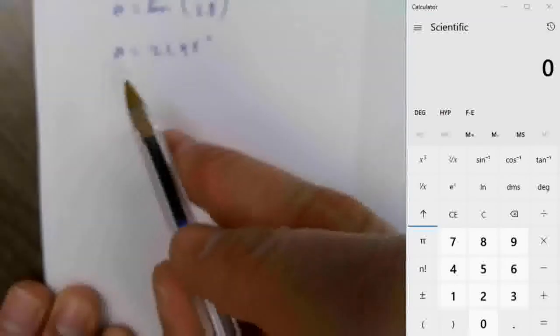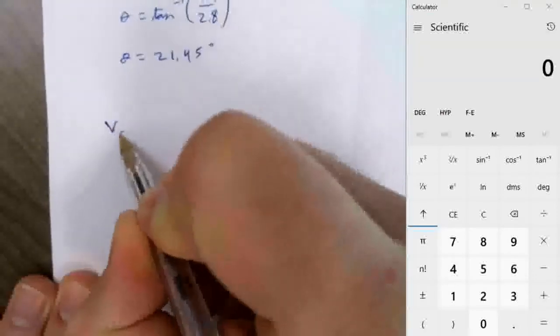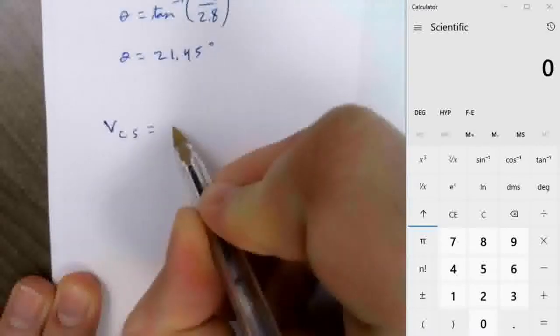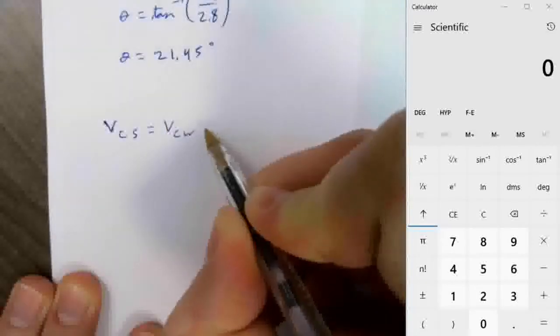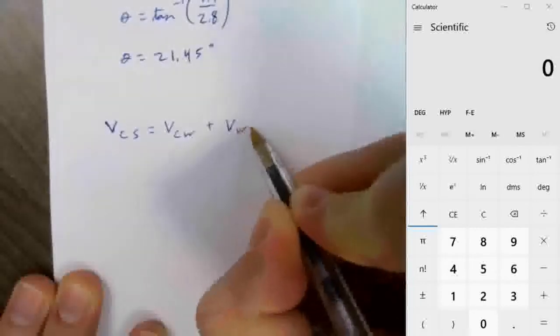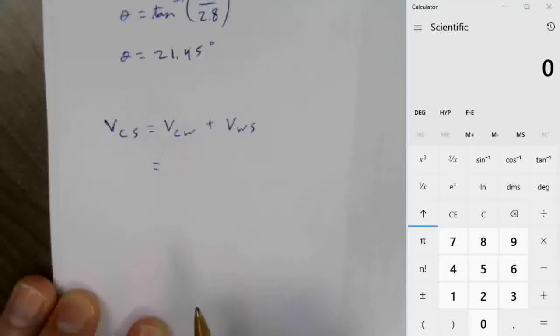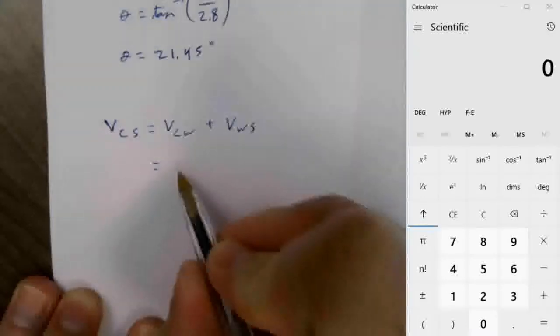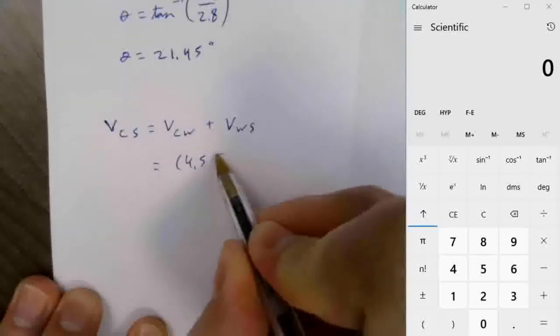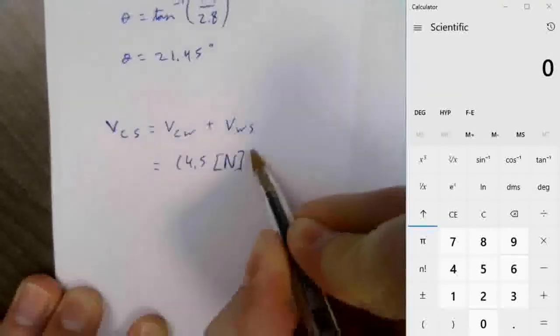For this canoeist problem, we know that the formula again is going to be VCS equals VCW plus VWS, and the VCW, the velocity of the canoe relative to the water, is going to be 4.5, and that's towards the north.